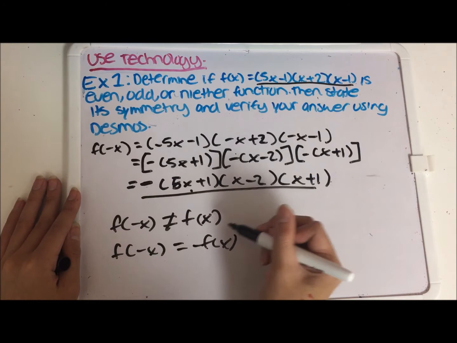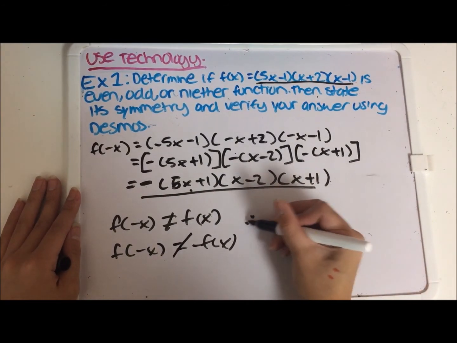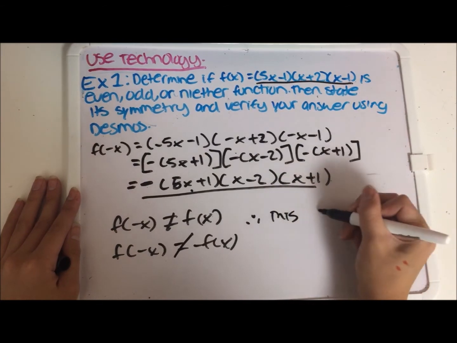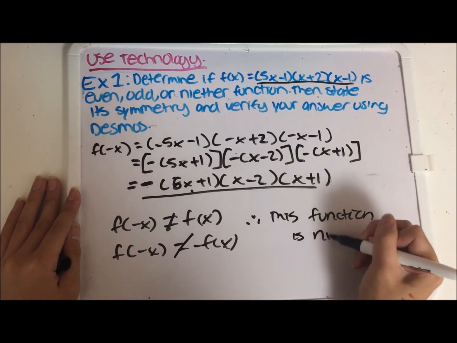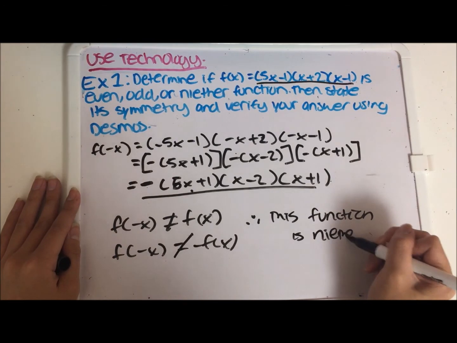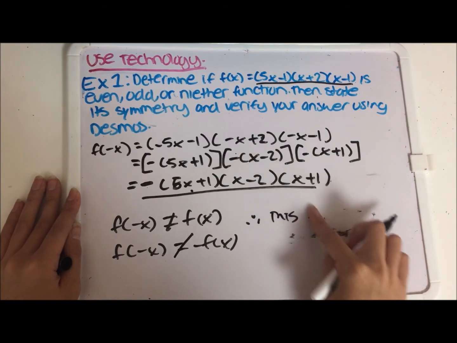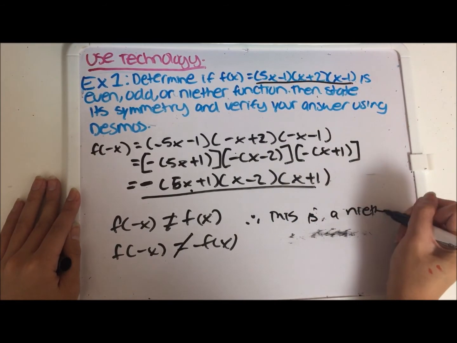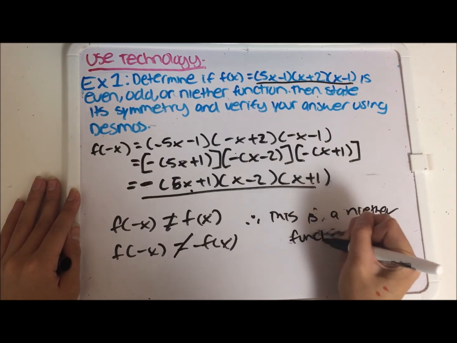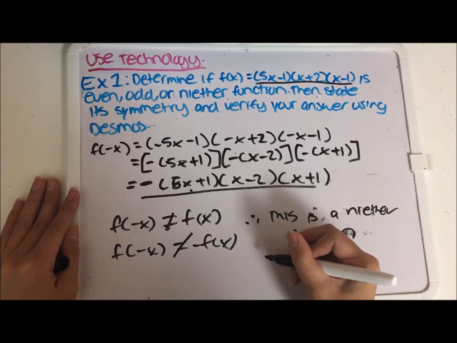So f of negative x does not equal negative f of x. Therefore, this function is neither. This is a neither function.